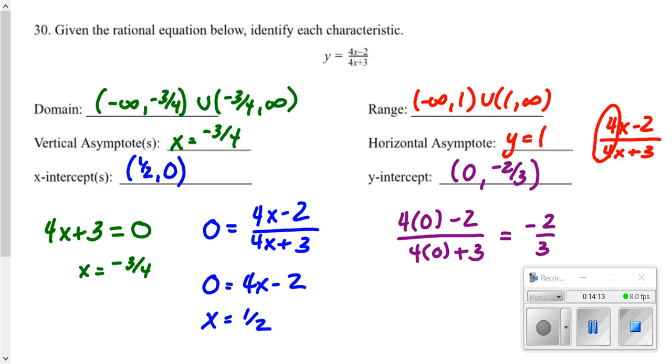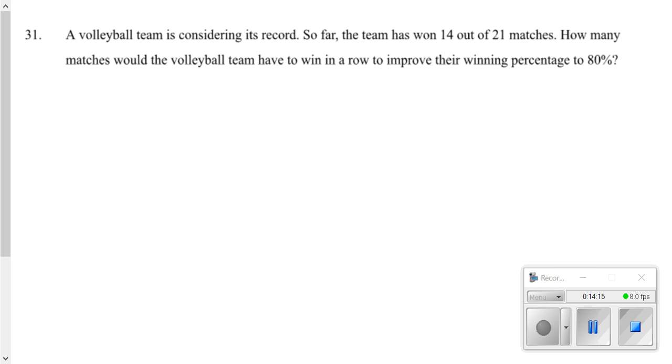Okay, we're to the last couple questions, and these are story problems, which is fun because then you can say, oh, this is how people would use this math, which is great. So it says there's a volleyball team that's thinking about its record. It wants to get into a certain end result at the end of the season. So they have so far won 14 out of 21, so they're pretty decent, right?